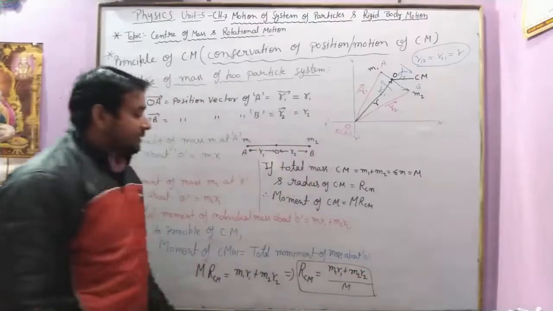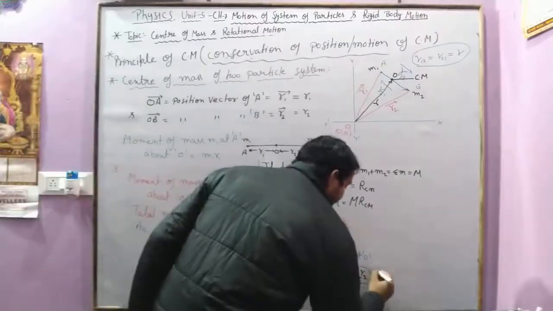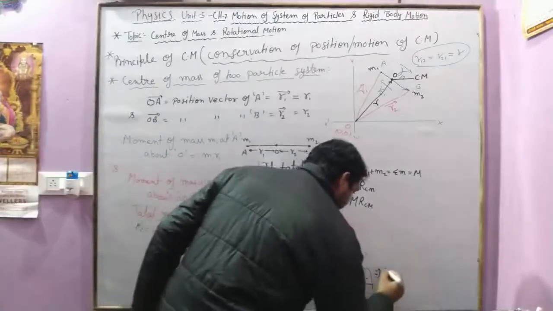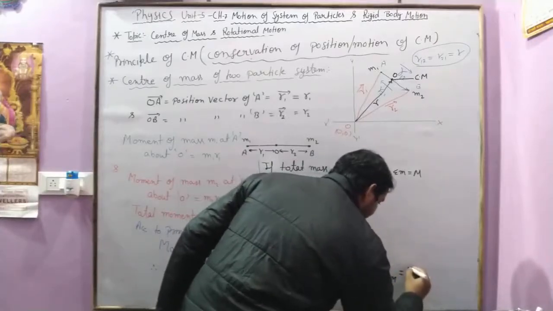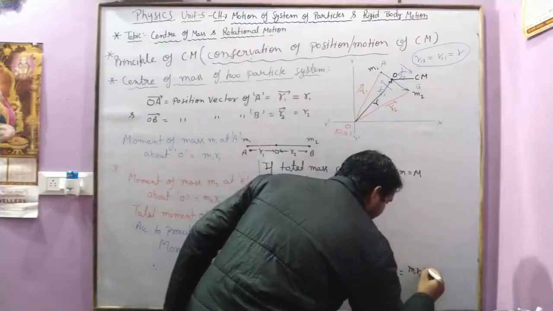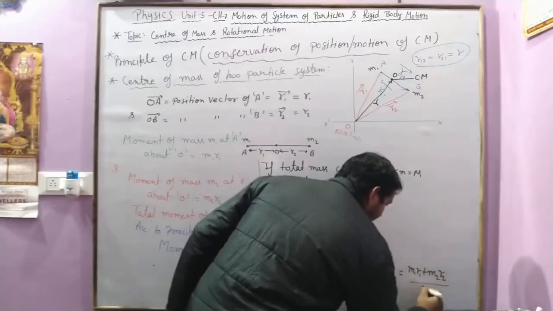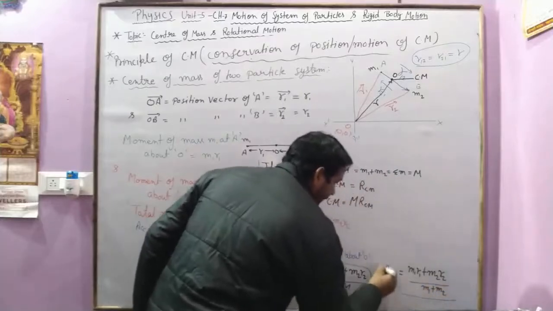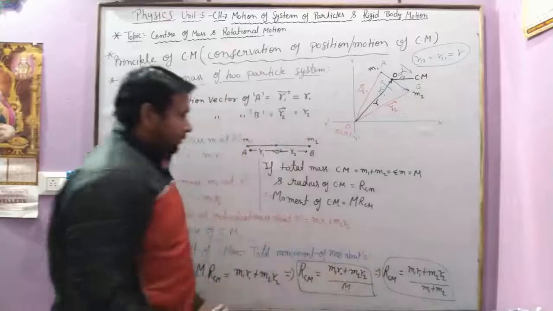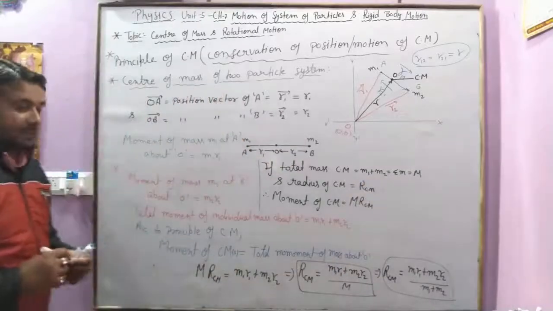This is how we calculate the center of mass for a two particle system, or we can also use RCM equal to m1 r1 plus m2 r2 upon m1 plus m2, as M is equal to the sum of the two masses.